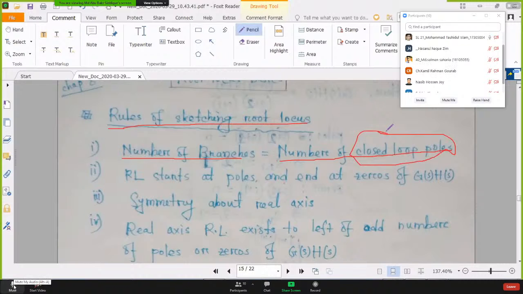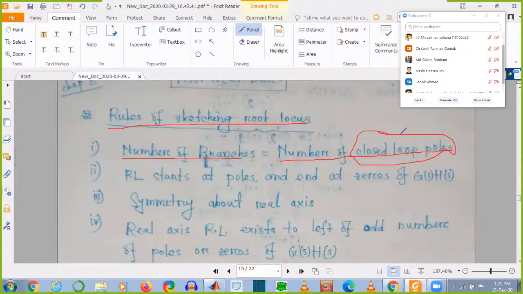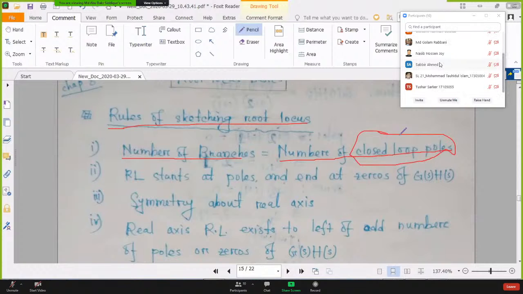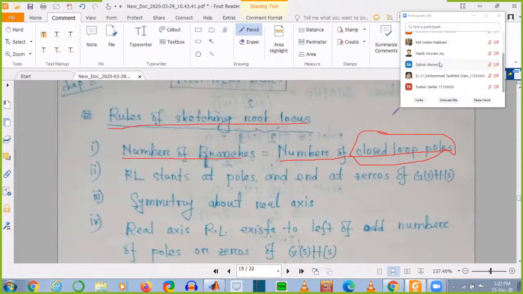When the denominator equals 0, the values of s at that time are called the poles. Poles are nothing but, if you solve your transfer function by setting the denominator equal to 0 and you get some values of s, those values of s are called poles.